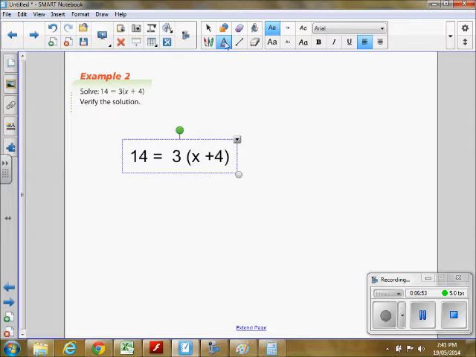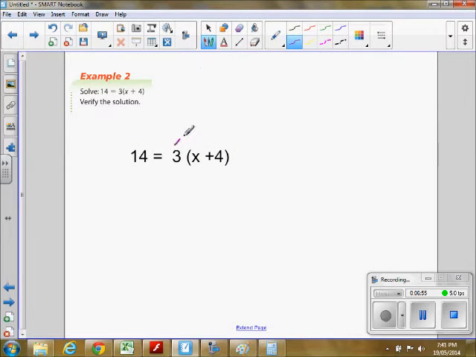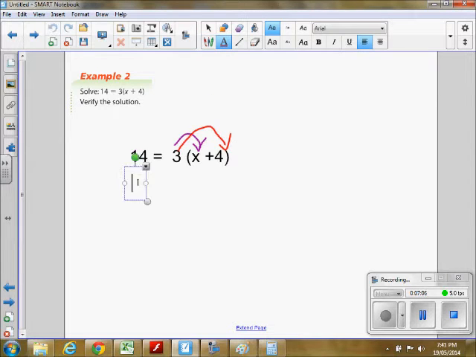Using the distributive property, we take 3 times x, and then we take 3 times 4. So we get 14 is equal to 3x plus 3 times 4, which is 12. We subtract 12 from each side.